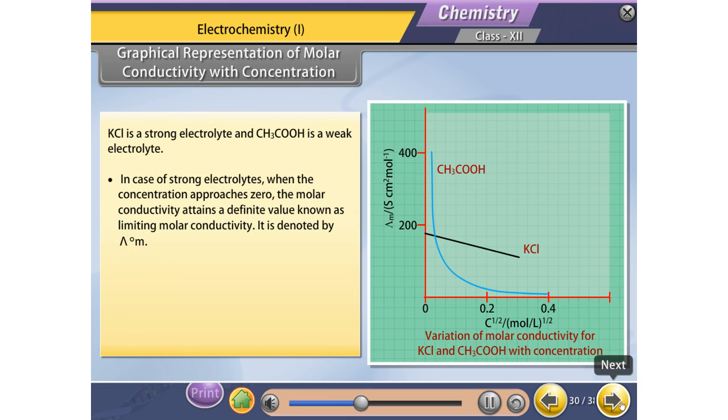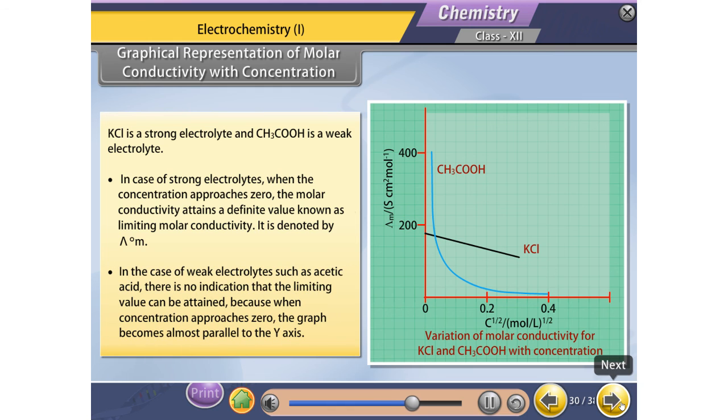In the case of strong electrolytes, when the concentration approaches zero, the molar conductivity attains a definite value known as limiting molar conductivity. It is denoted by Λ°m. In the case of weak electrolytes, such as acetic acid, there is no indication that the limiting value can be attained, because when concentration approaches zero, the graph becomes almost parallel to the y-axis.